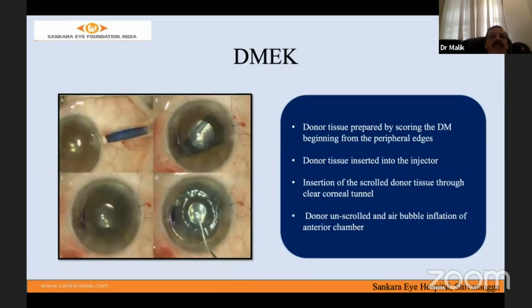Later, it is taken into the injector and injected into the antechamber. This scroll is unscrolled with the endothelium down, and again with the help of an air bubble, it is secured to the stroma.